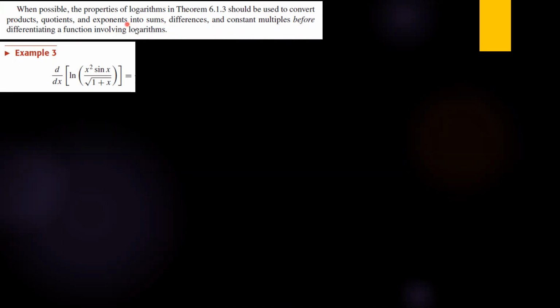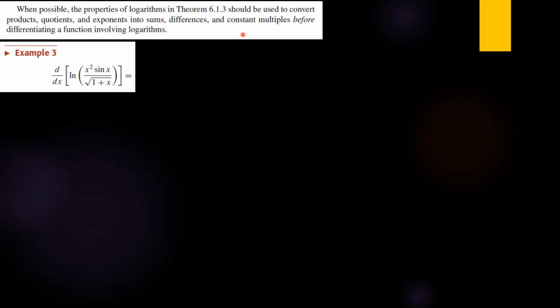Product becomes a summation, quotient becomes a difference, and exponent becomes a constant multiple. But if you have terms added or subtracted, don't expand it.